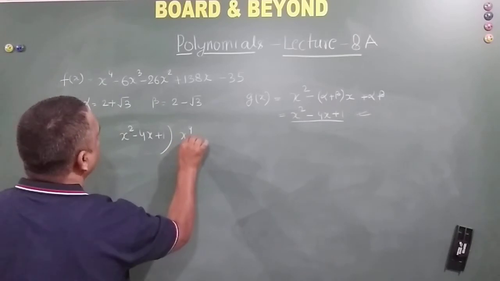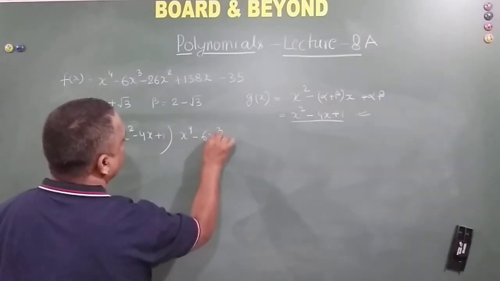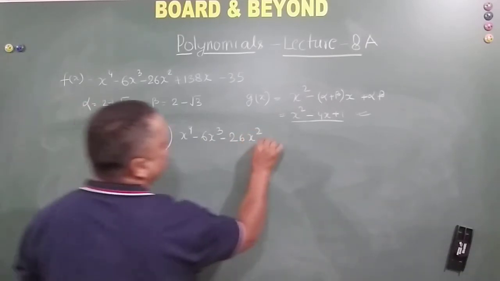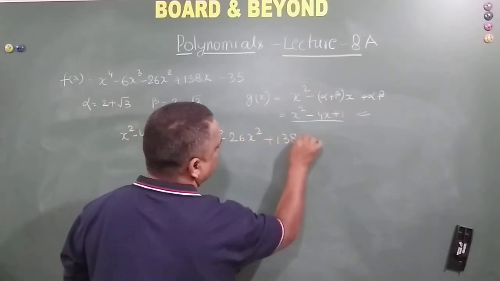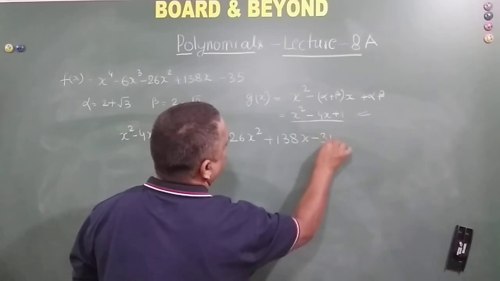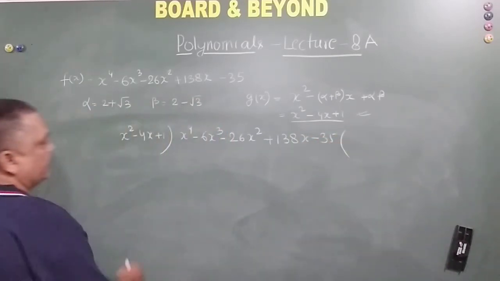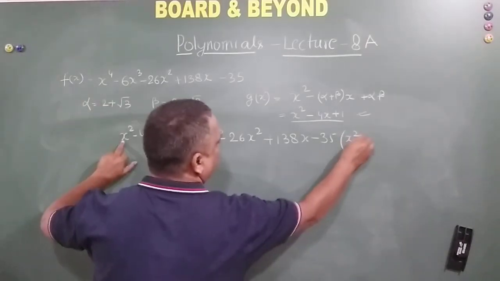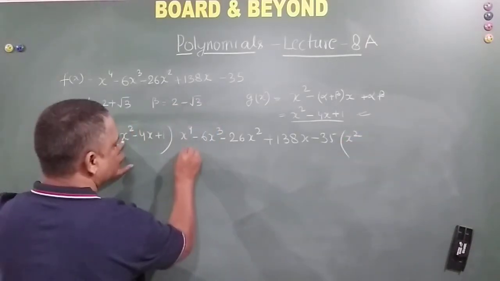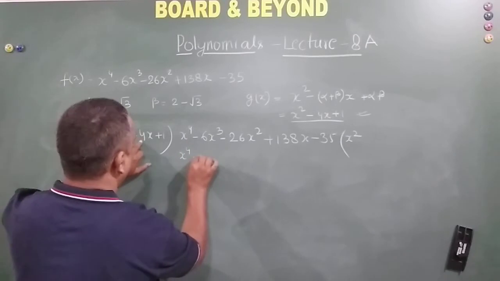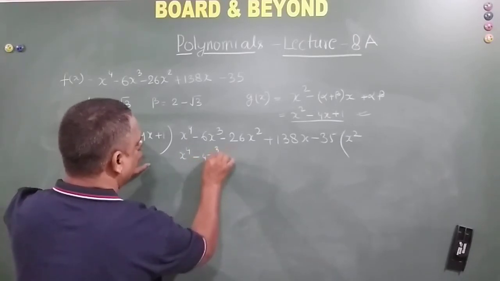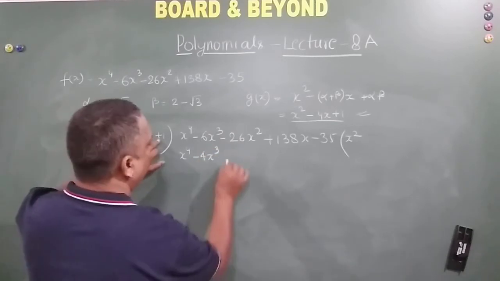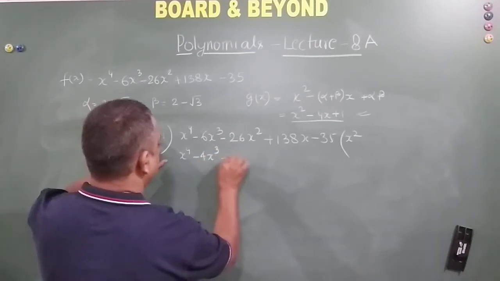x power 4 minus 6x cube minus 26x square plus 138x minus 35, right? So I need to eliminate this, so x square here, right? So x raised to power 4 minus 4x cube plus x square.